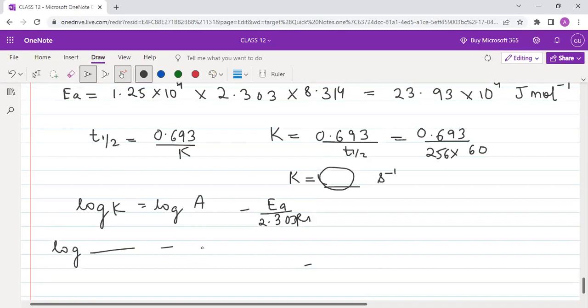The reaction is the same, so the value of log A will be 14.34 only, minus 1.25 into 10 raised to 4 Kelvin by T. Now you have to calculate the value of temperature. You'll try this as homework.